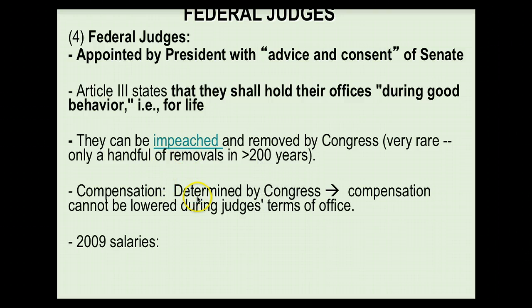Remember, Congress does determine the compensation, the amount of money judges make, and not just Supreme Court justices, but all federal judges. But remember, this is really important: their salary cannot be lowered during a judge's term in office, and we talked about why. If a judge had to worry about losing money if he decided a case in a way that Congress didn't like, that would lead to a decision that might not necessarily be very fair.